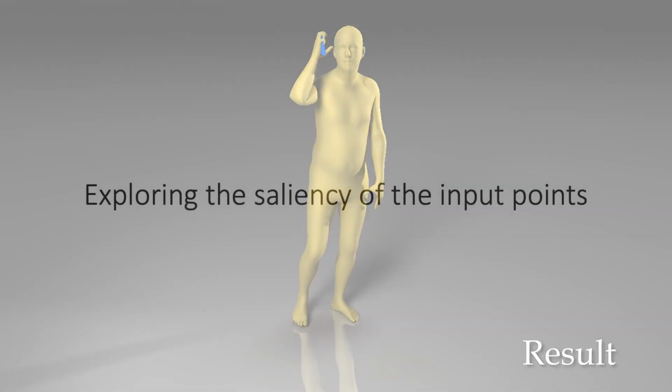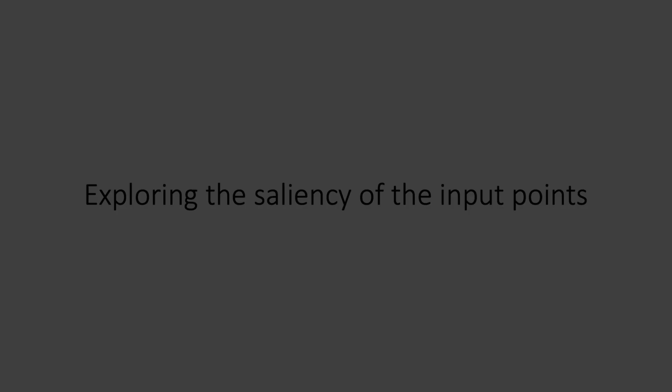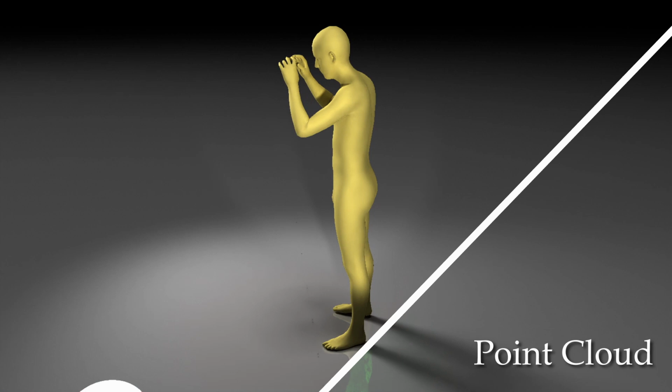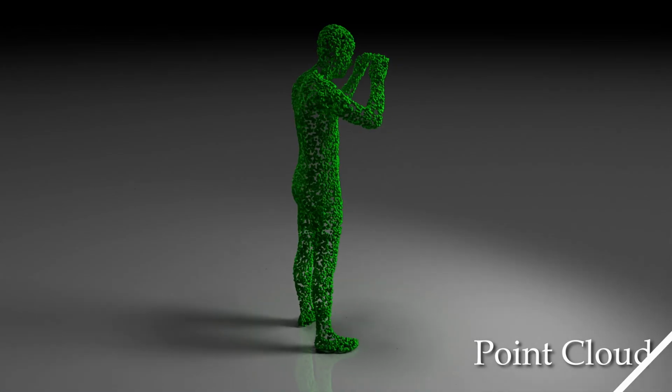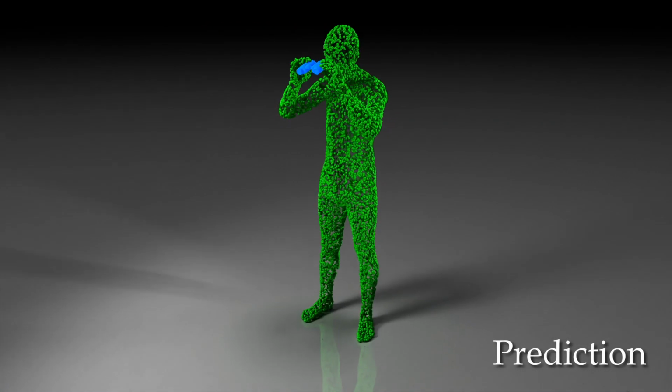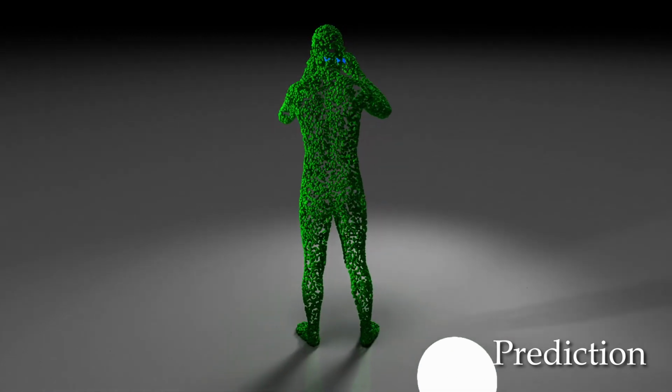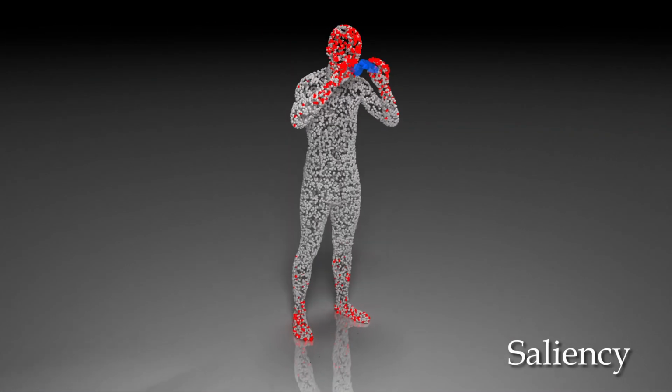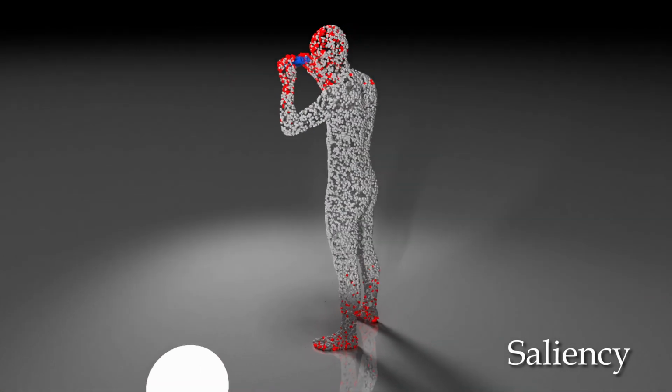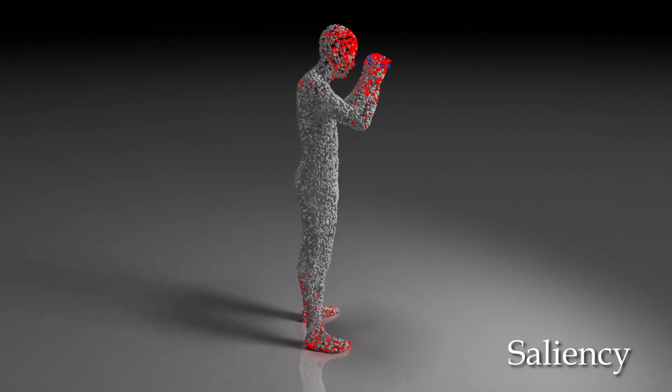To get more insights into the problem, we study the saliency of the input points to find which body parts influence the prediction. In red, we highlight the parts of the point cloud that have the highest influence on the final prediction.